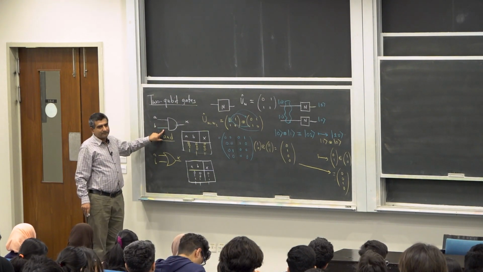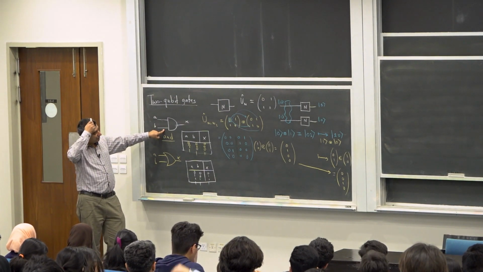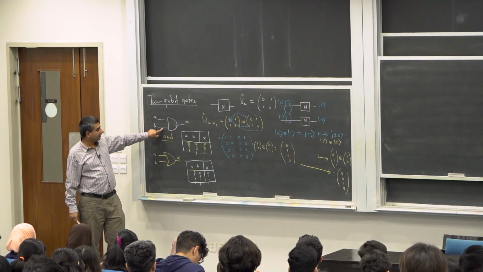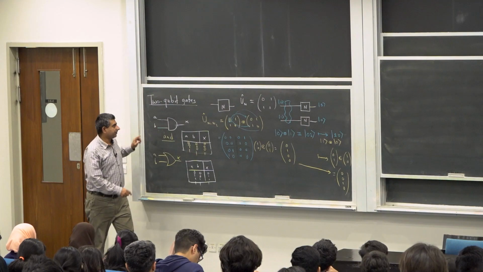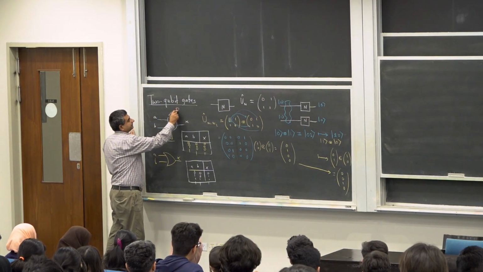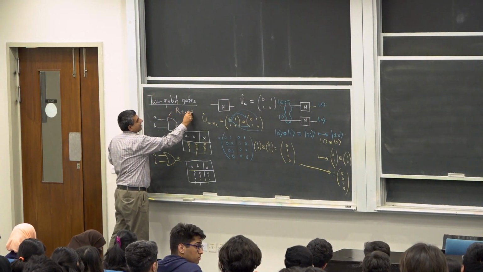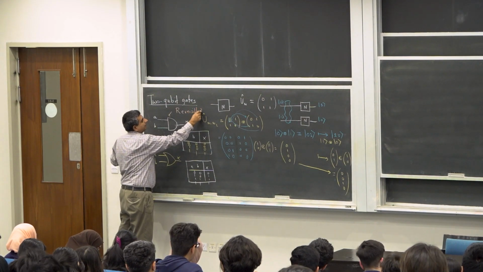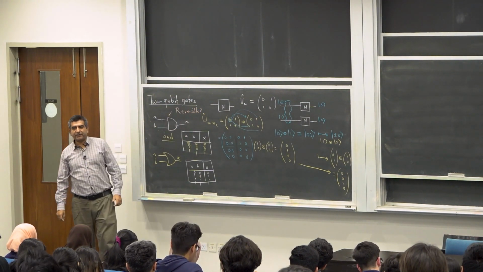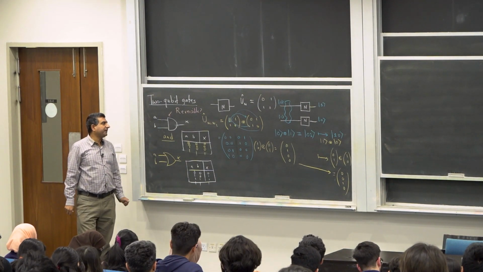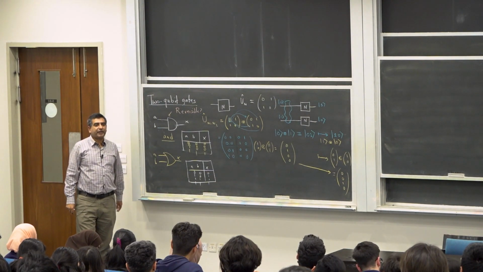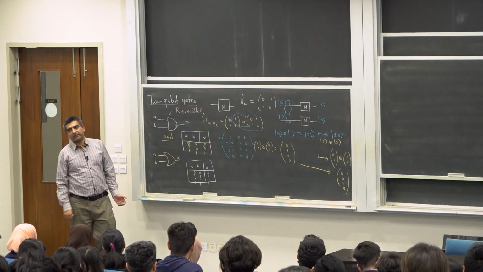Now, by the way, one question I would like to ask you, now we are at it, is this gate reversible? Is it reversible? Reversible means that if you know the output, can you infer what the inputs could have been?